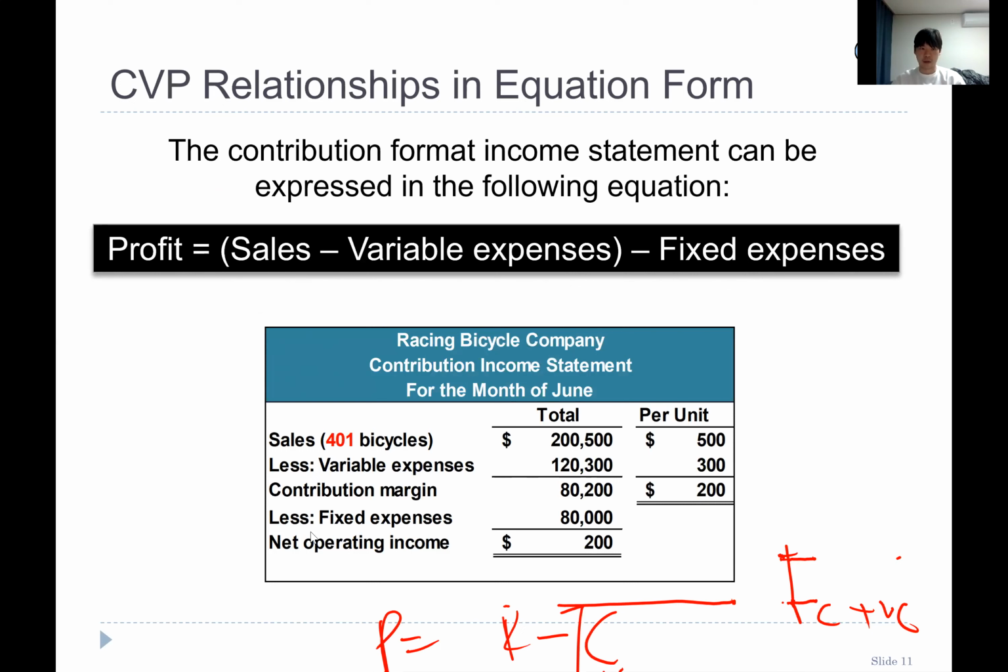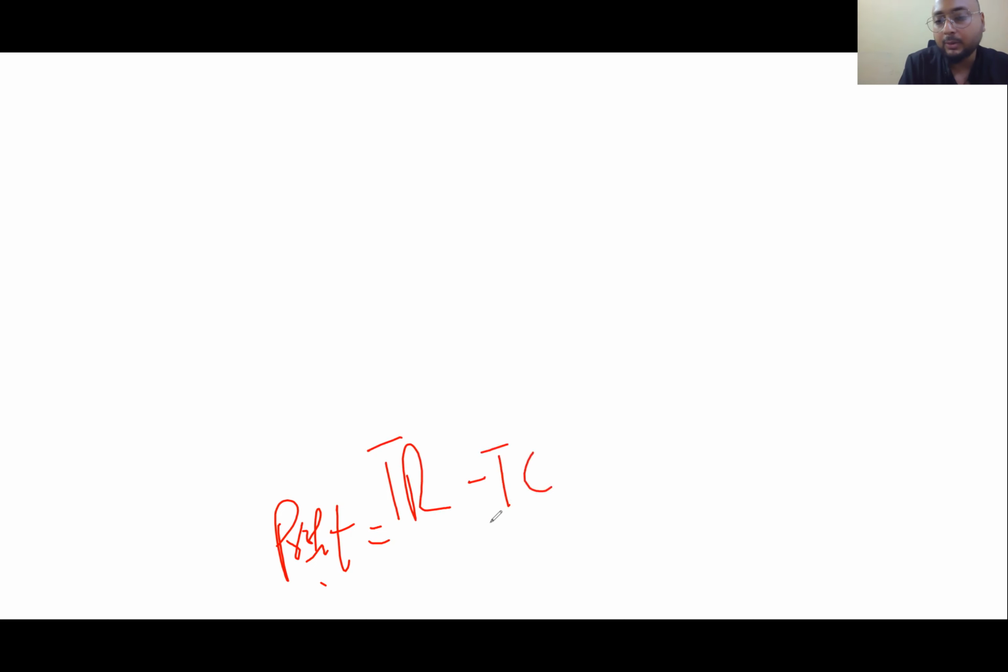Let's develop this one. We are developing the formula. Okay, we know that profit is equal to total revenue minus total cost, and total cost is equal to variable cost plus fixed cost, right?